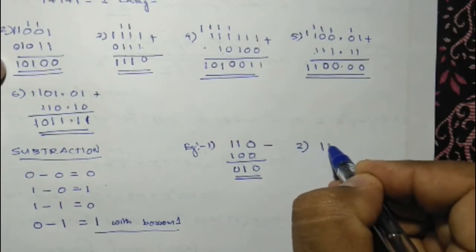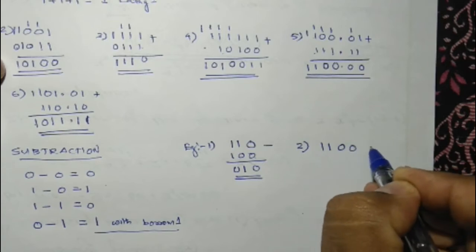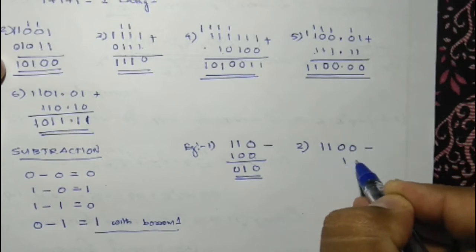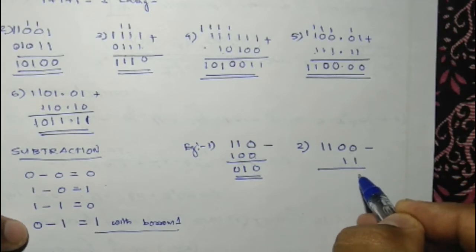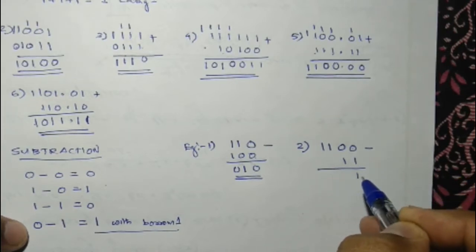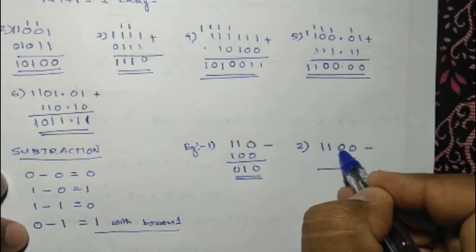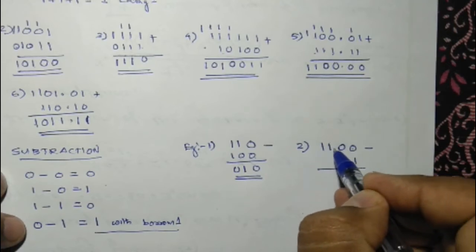Say 1100 minus 1, 1. So we have 0 minus 1 here. 0 minus 1 will be a 1 with a borrow 1. But the next place is also a 0. You cannot borrow from a 0. You can borrow from a 1, the nearest one.